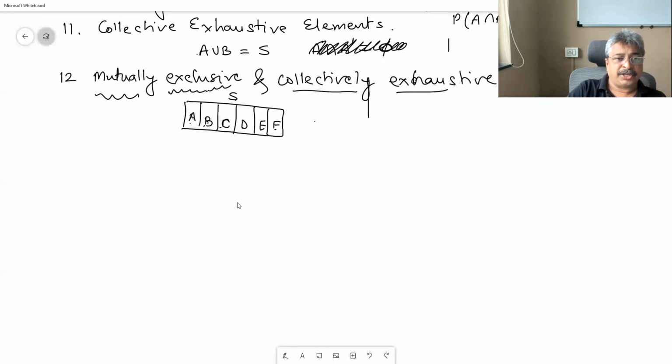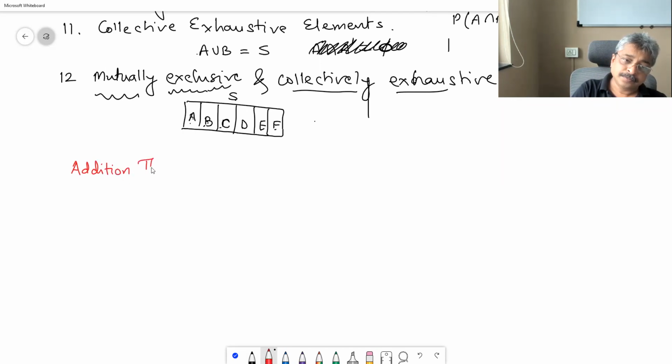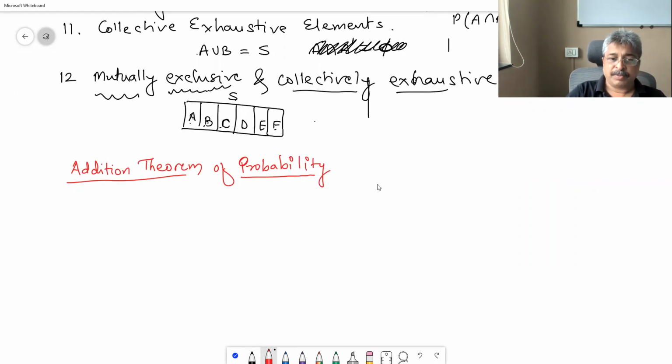Now, the addition theorem, the first theorem. Addition theorem of probability. Very simple.